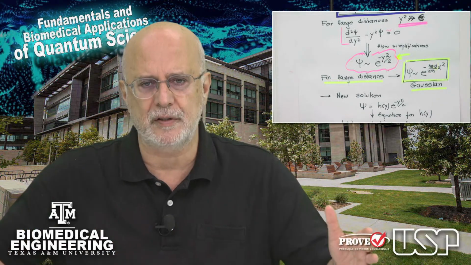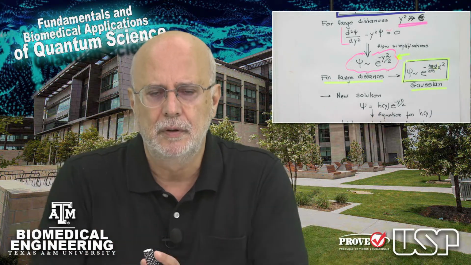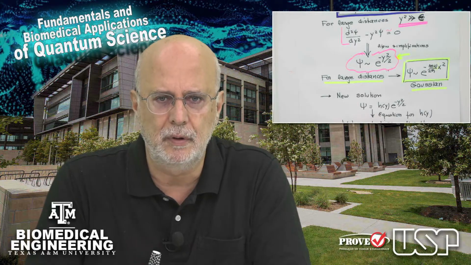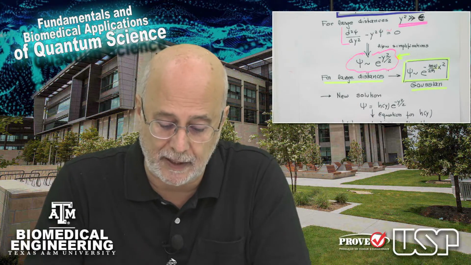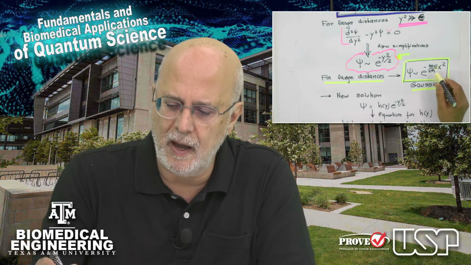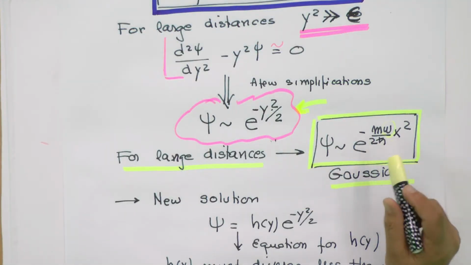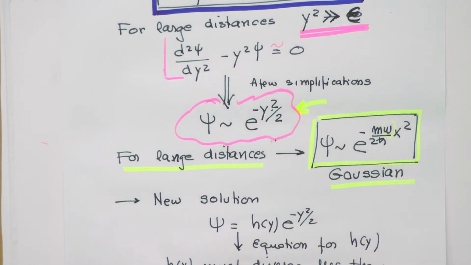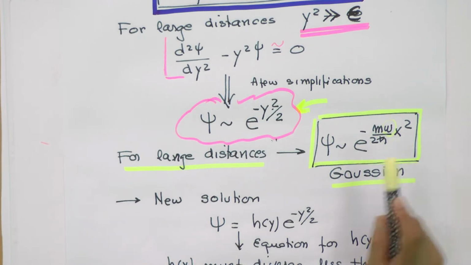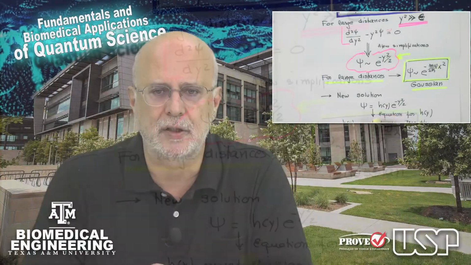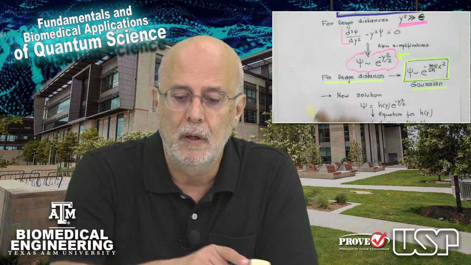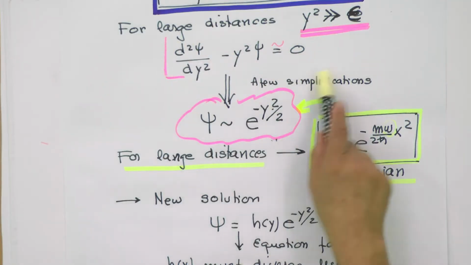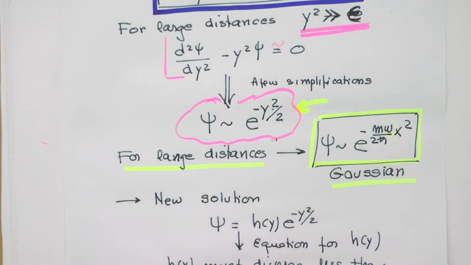But the wave function, of course, exists, even though the particle classically cannot be there all the time. Okay, or can never be there. So we have what we call an asymptotic behavior for the wave function. It is a Gaussian type, and Gaussian type wave function is going to appear everywhere. And then it's nice to know type of solution that generates the Gaussian type of wave function.